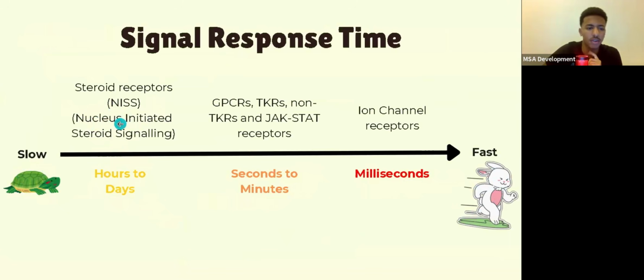You also have membrane-initiated steroid signaling, but it's not important. So steroid receptors, slowest, hours to days. And then you have GPCRs, TKRs, non-TKRs, and JAK-STAT receptors. They're all seconds to minutes. And the fastest ones are the ion channel receptors, and their signal response time is milliseconds.